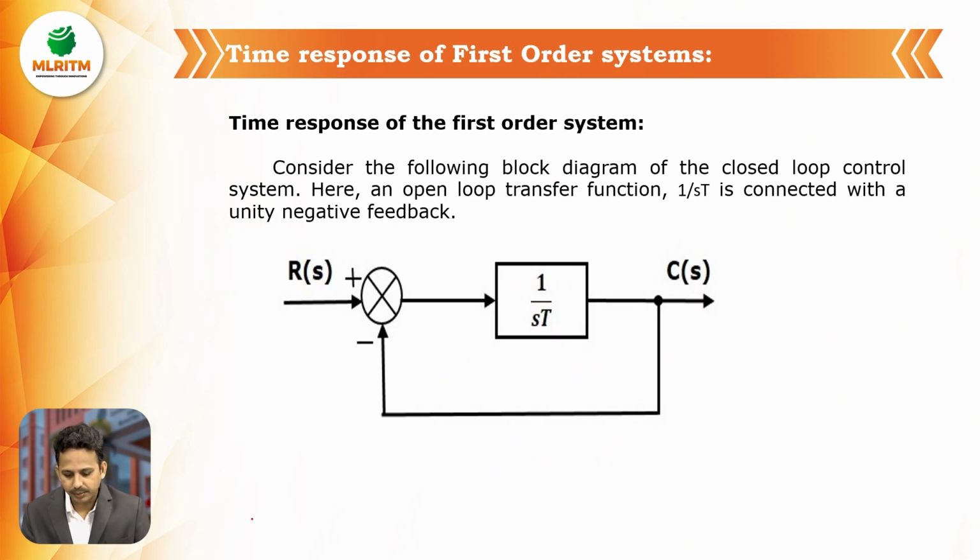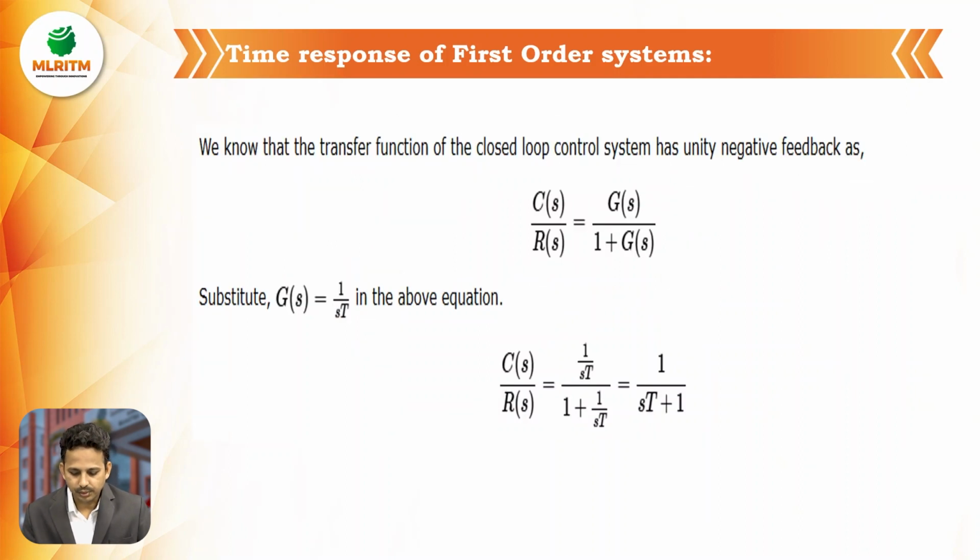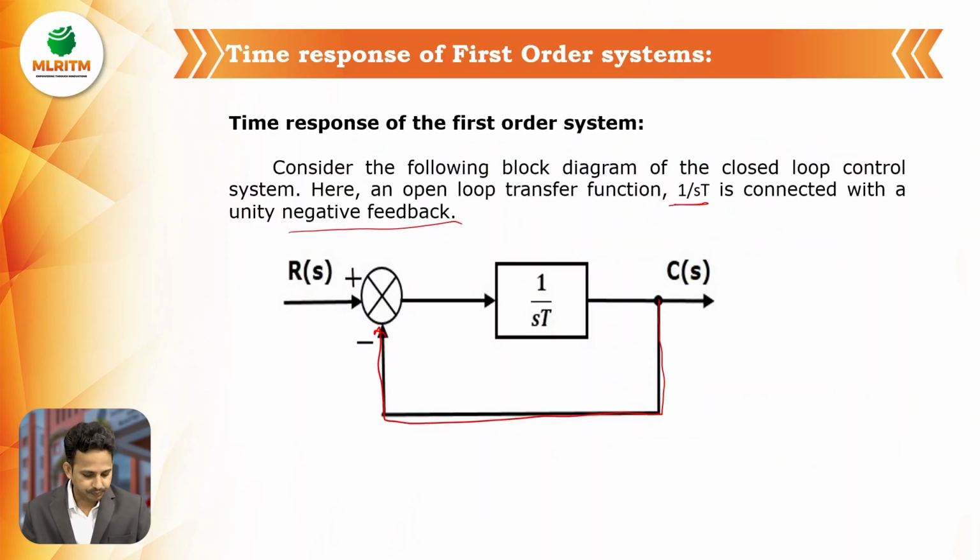So the time response of a first order system: consider the following block diagram of a closed loop system. Here the open loop transfer function 1 by sT is connected with a unity negative feedback.